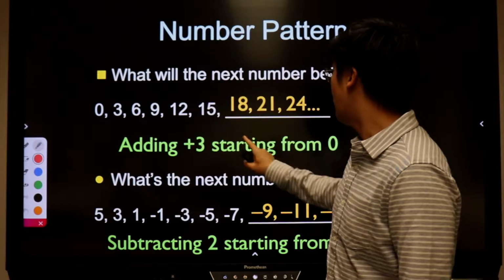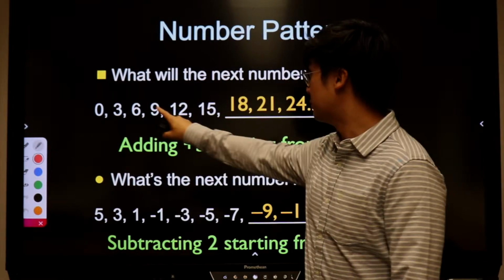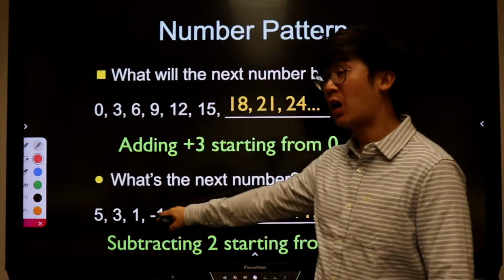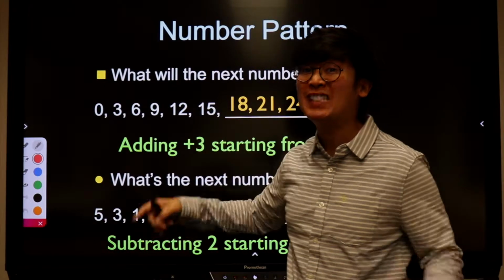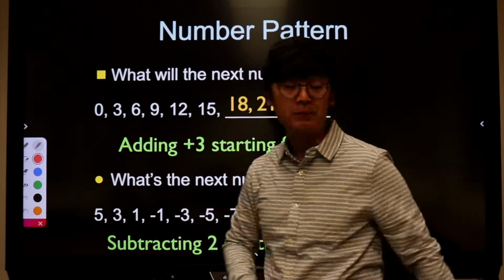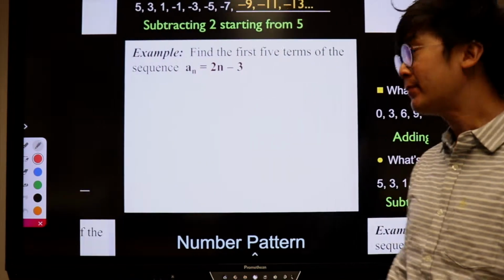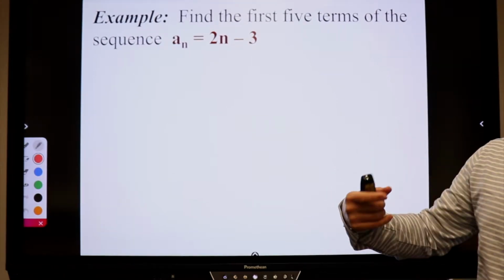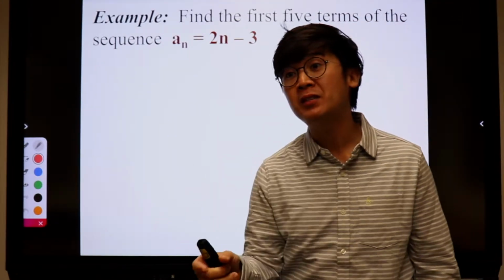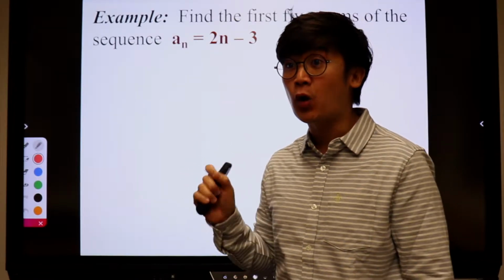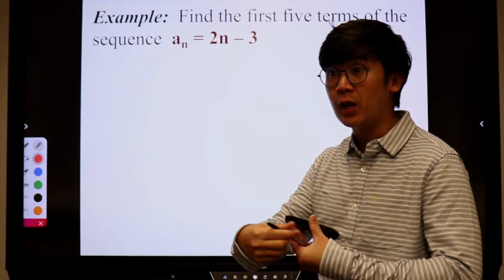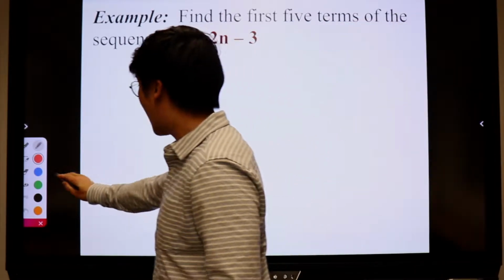And on number 1, we add 3 starting from 0, and on number 2, we subtract 2 starting from 5. So that is what's special about the sequence and the pattern of this number.